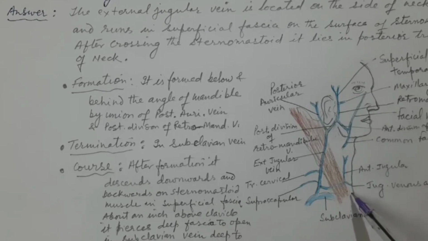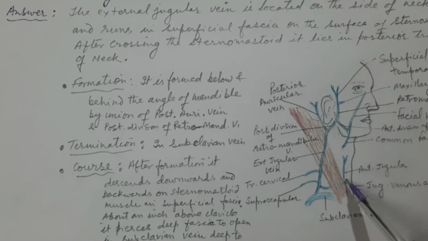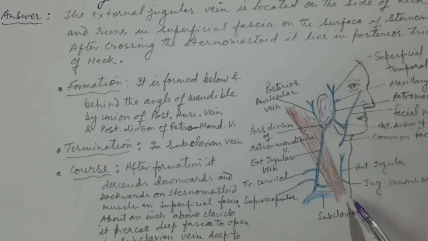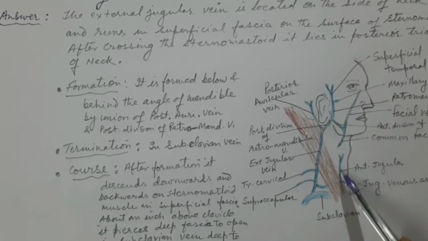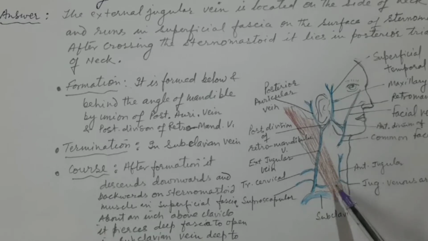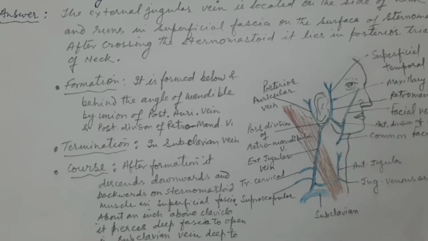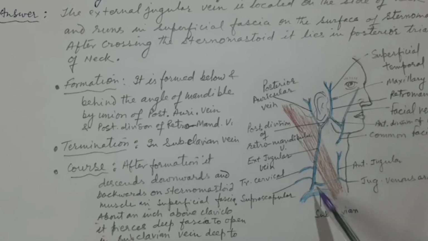Just above the manubrium sterni, the anterior jugular vein of the right and the anterior jugular vein of the left join each other to form the jugular venous arch, just above the sternal notch in the midline. But we are dealing with this: the anterior jugular vein will also open into the external jugular vein. So these are the major tributaries.